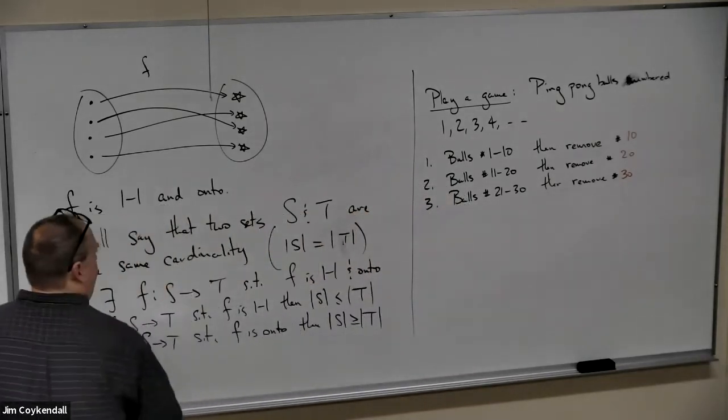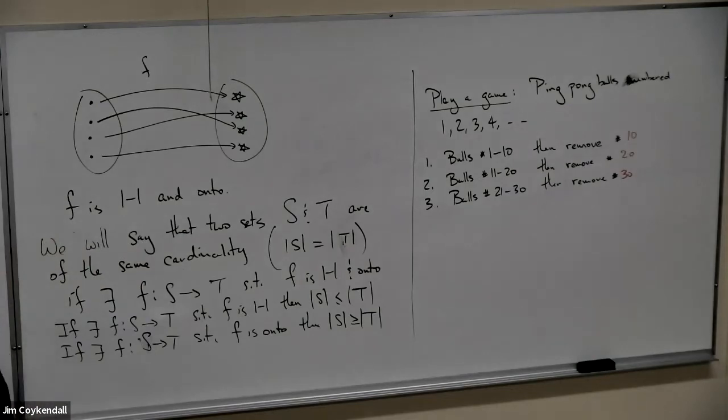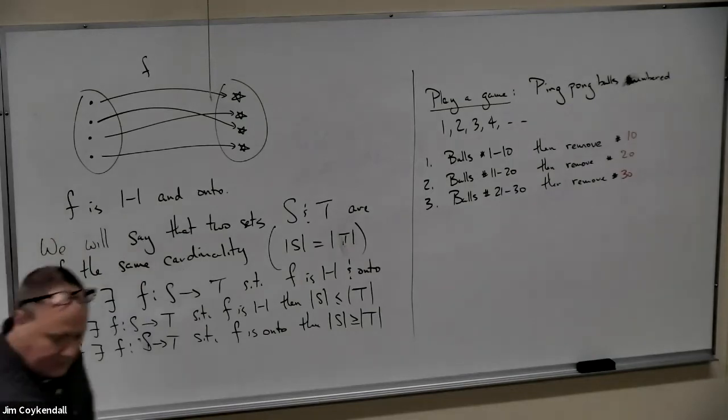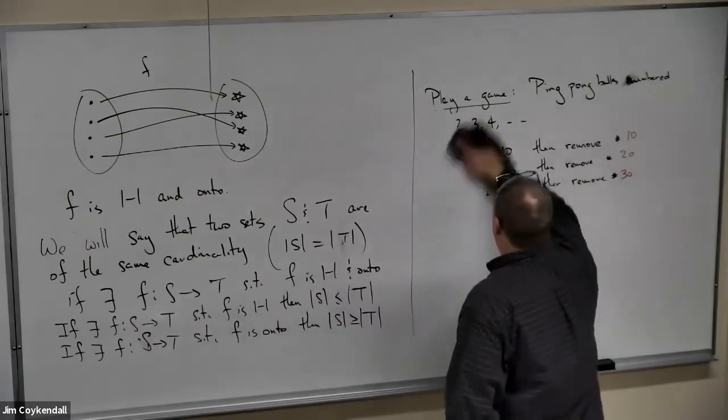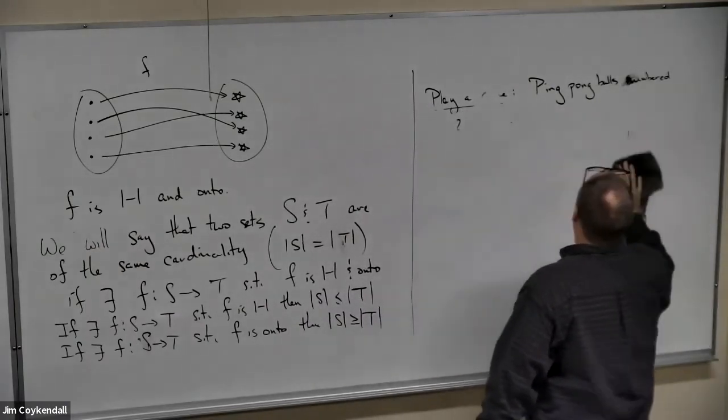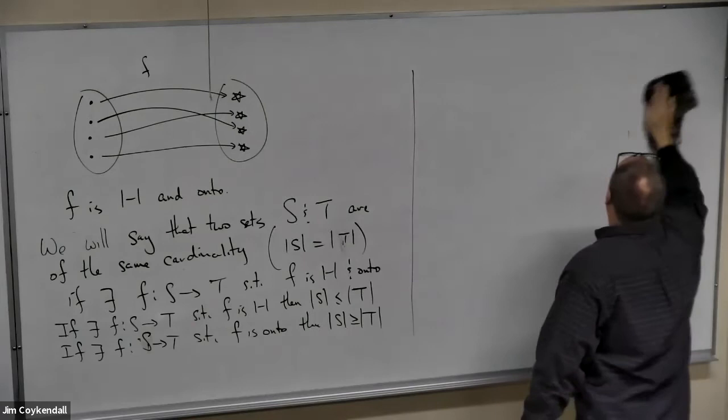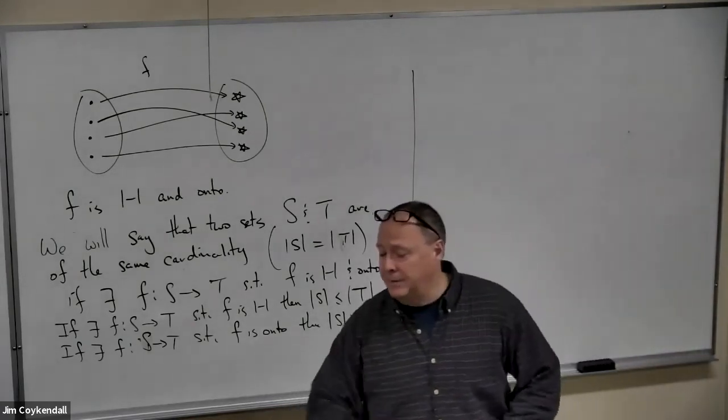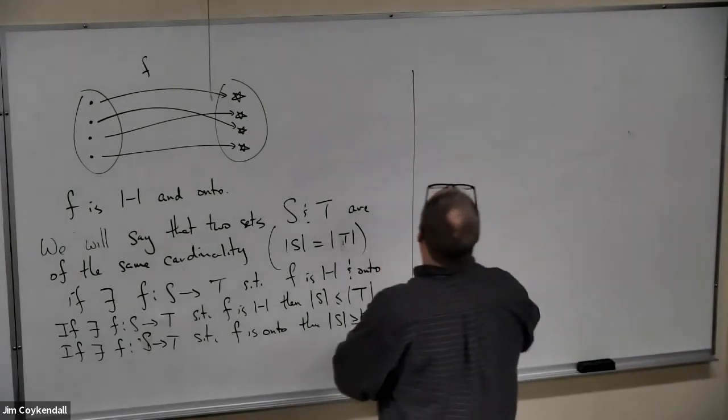And also, and you're going to think I'm a little silly for writing this down. And I am a little silly, but not for writing this down, because this is actually a deep theorem.